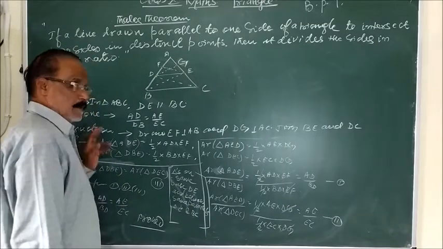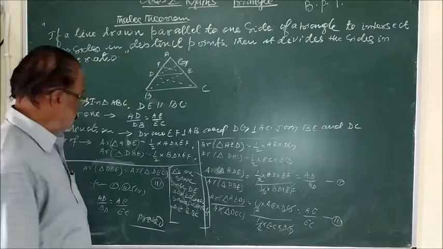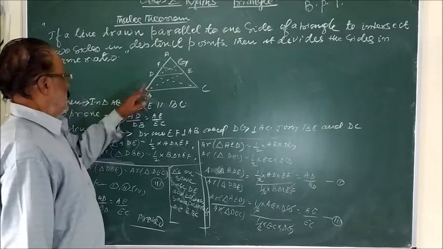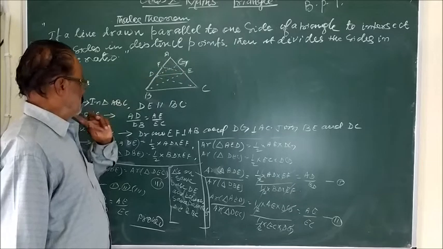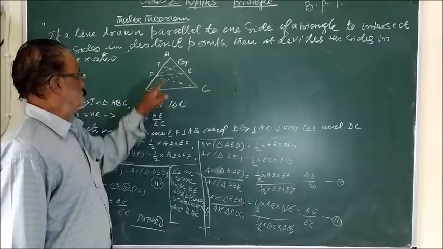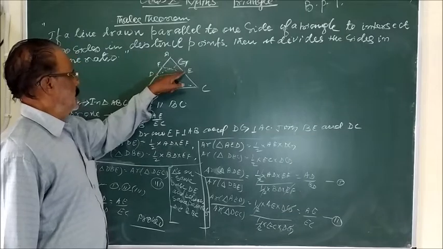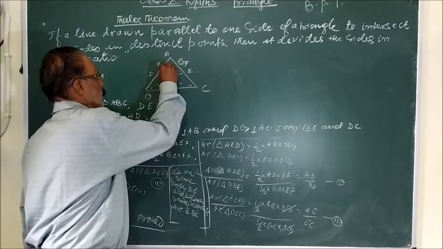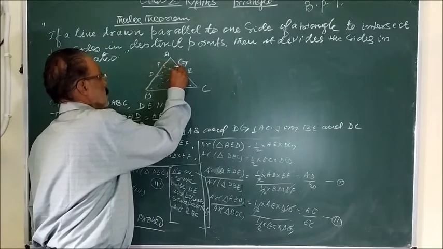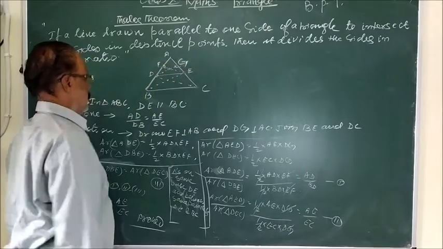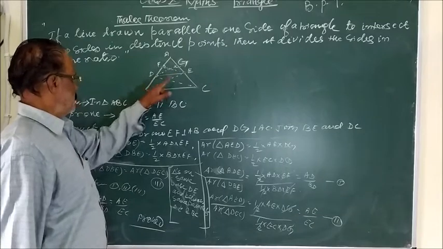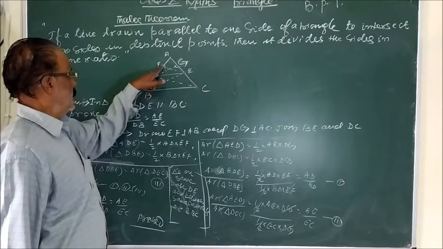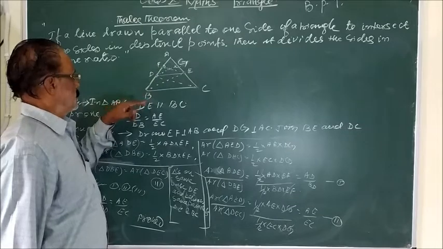Now you see the important part, that is the proof. Area of triangle ADE, half into base into height, half into base, and this is the perpendicular we have drawn. Therefore, half into AD into EF. And similarly, in triangle BDE, half into BD into height EF.